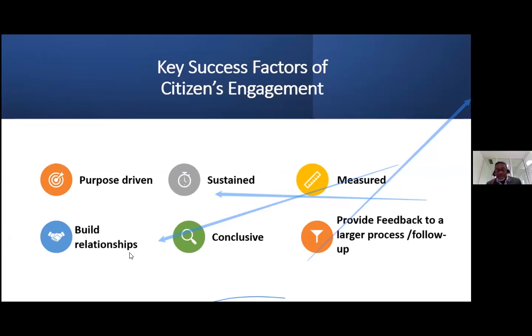And the final thing is that after citizens engagement, there must be a place where the whole knowledge of that citizen engagement feeds into. And this is what Nkiru was talking about, follow up. If we engage and we change a law, the fact that the law is changed means something must be done.